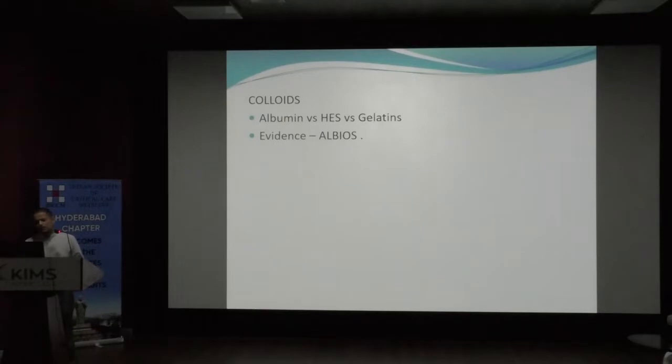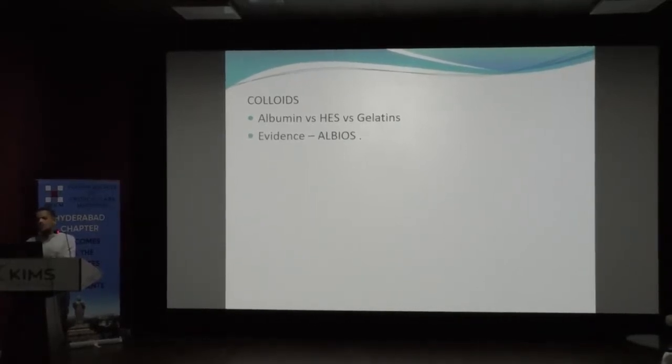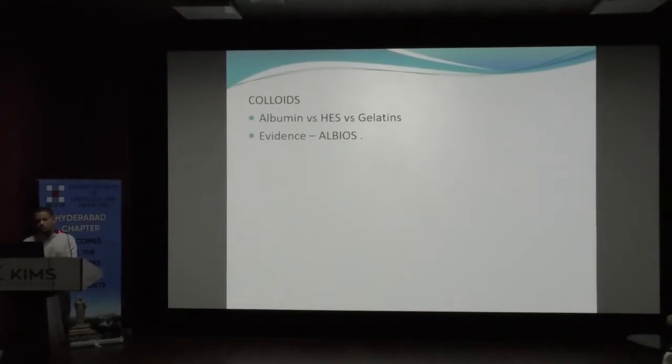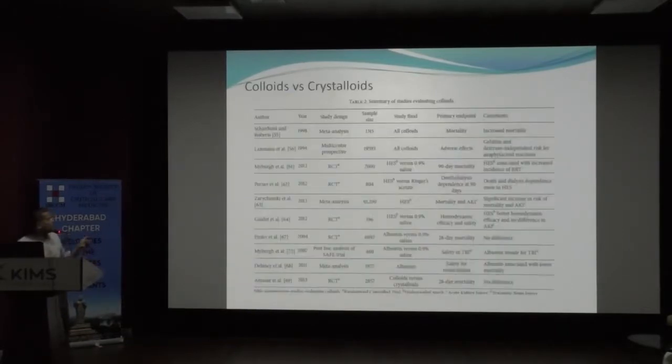Evidence is the ALBIOS study, which was recently published. Here, after initial early goal-directed therapy, they used albumin along with crystalloid versus crystalloid alone. The final outcome showed no mortality benefit with the albumin and crystalloid combination, but in post-hoc analysis of disease severity in septic shock patients, they showed some benefit with albumin. So these are colloids versus crystalloids.